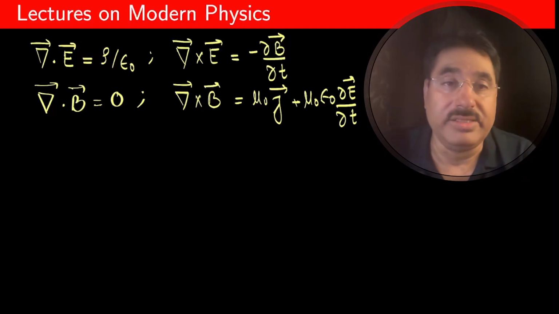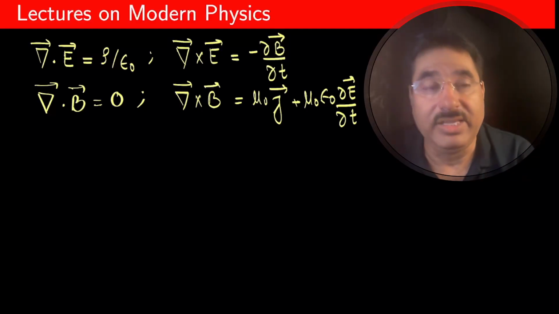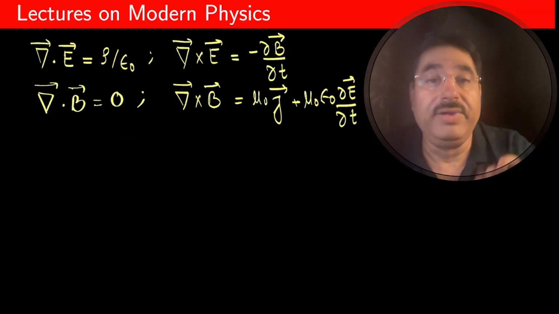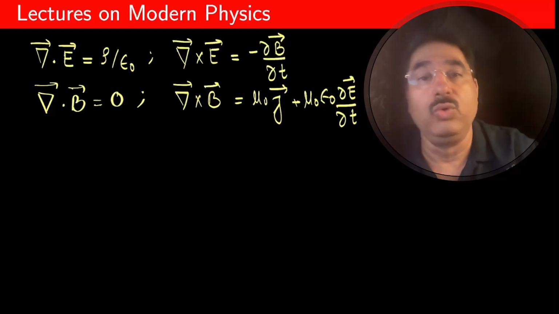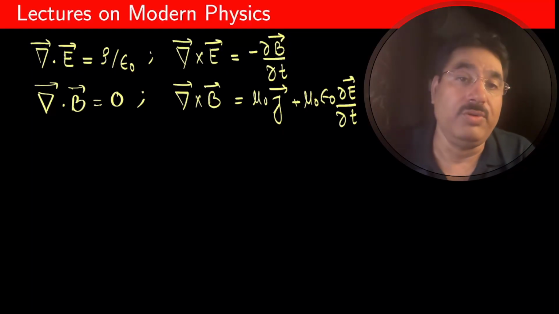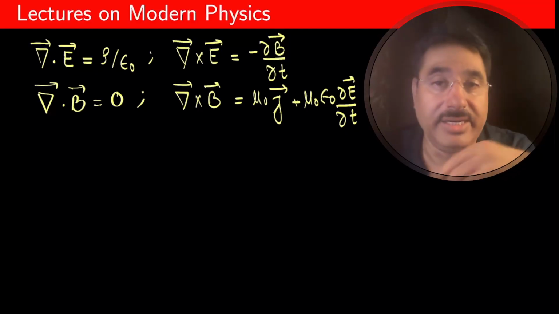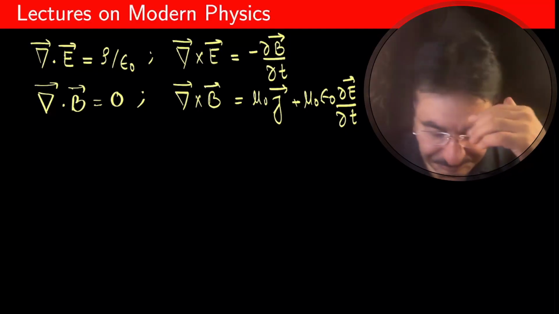In both cases, it doesn't matter what the origin of the magnetic field is, the magnetic flux is going to be zero. That means if an electric field creates a magnetic field, that would be in closed circular loops, and so would be the magnetic field created by a current density in a current carrying conductor.